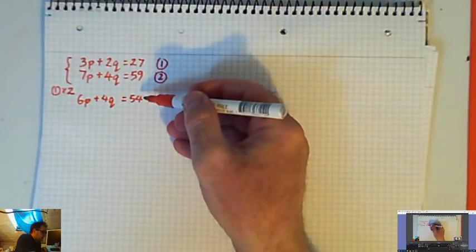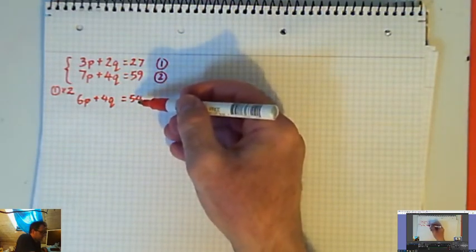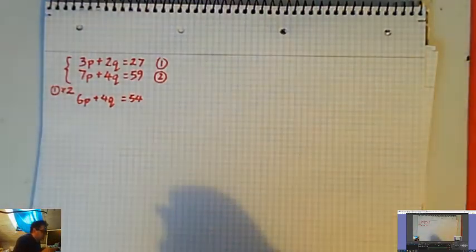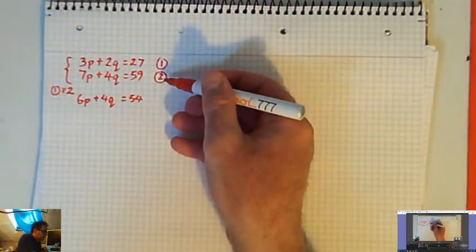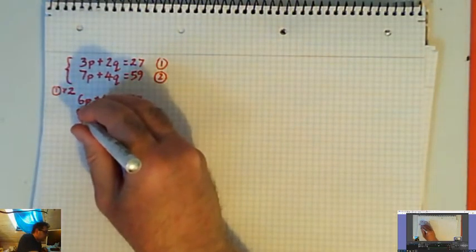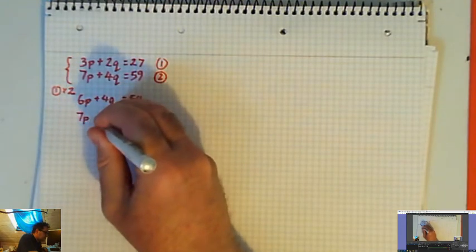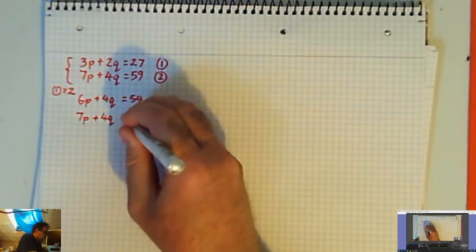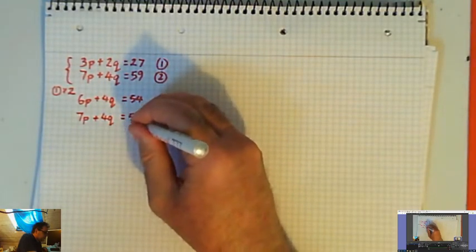So that's equation 1, but I've multiplied everything up left and right by 2. I've done the same both sides, so it should still balance. And then meanwhile, equation 2, I'm not doing anything to that at the moment, so that's going to remain as 7p plus 4q equals 59.